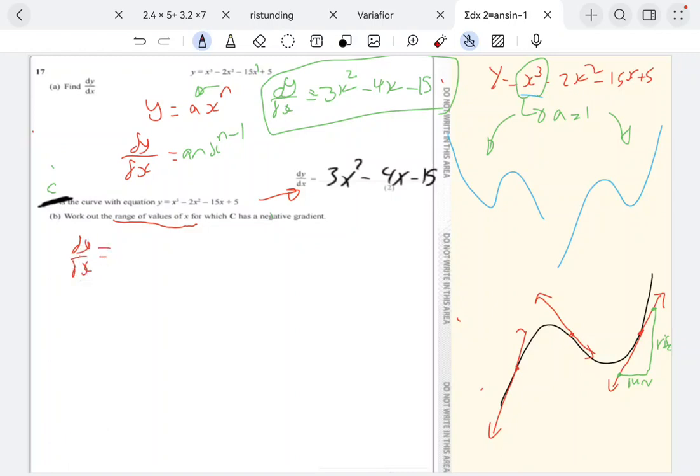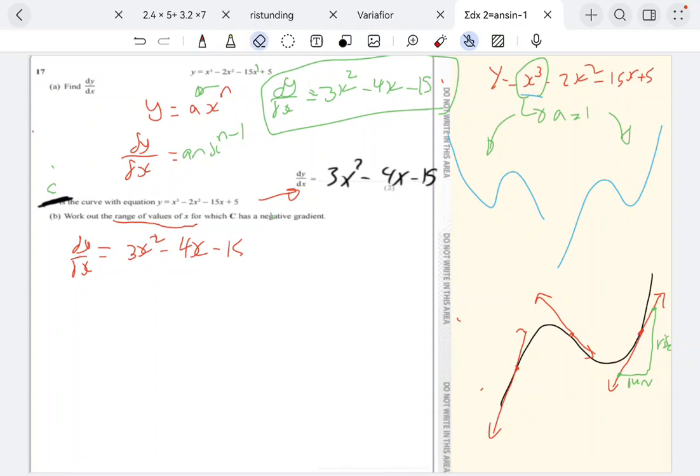That gives me the equation of the gradient: 3x squared minus 4x minus 15. This is the equation of the gradient.